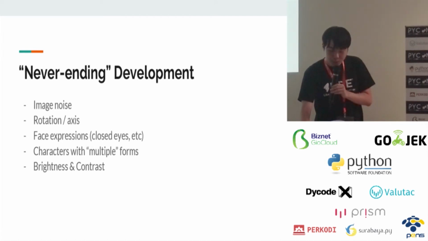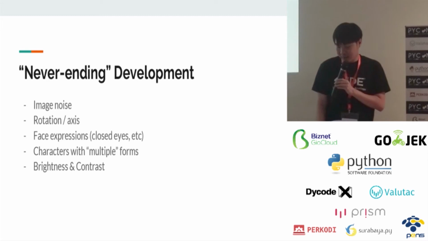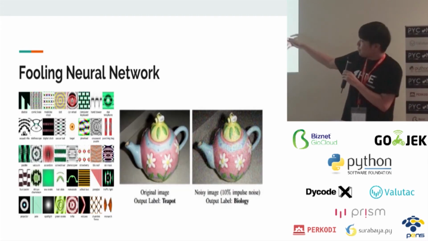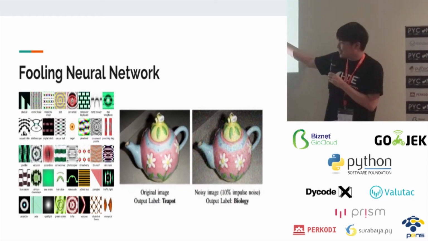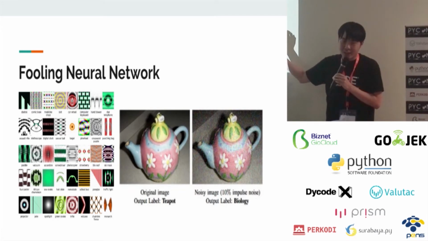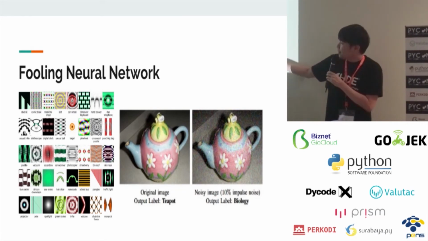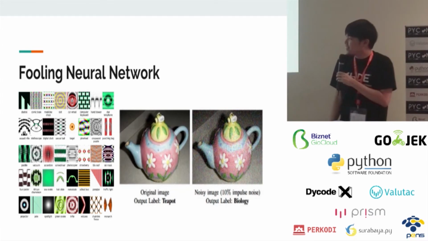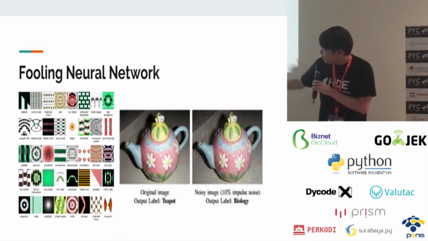So I'll show you why neural networks are easily fooled. For example, a human being can easily see that these two images are a teapot, right? But when we add 10% impulse noise to this image, it says the output label is biology, which makes no sense to us. And in that image, it actually says a lot of things.